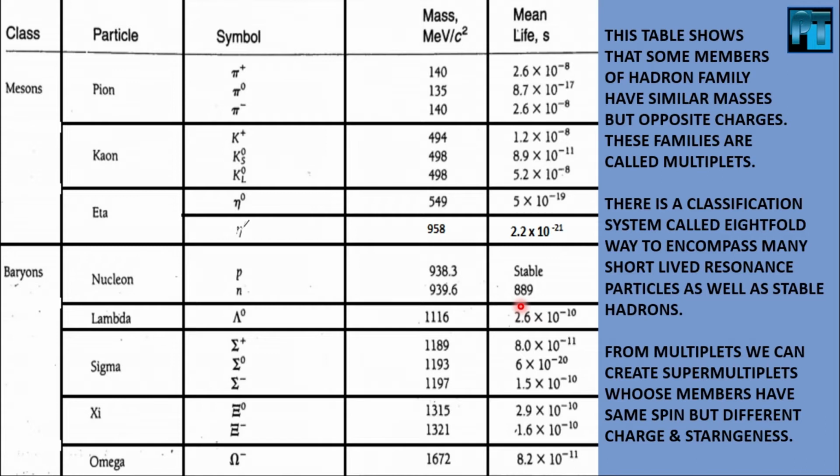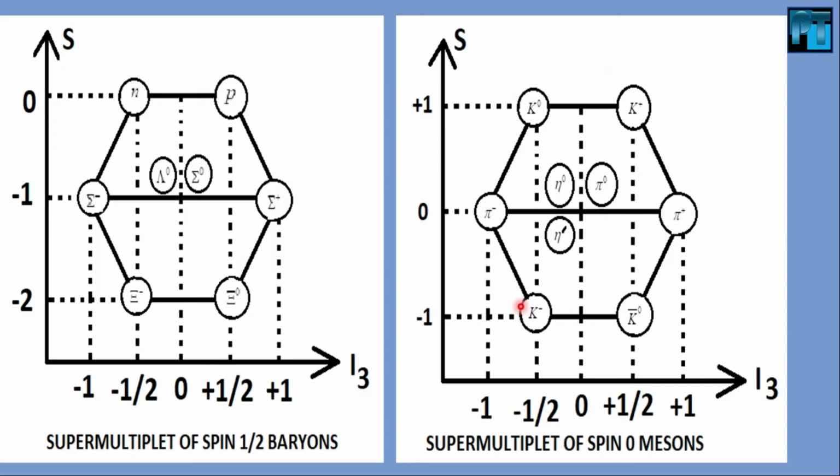We have here 2 or 3 pictures which are very important for you. Let's go to them. This is the baryon supermultiplet of spin half baryons, and this one is the spin zero meson supermultiplet. See, this supermultiplet has 8 particles and this one has 9 particles.